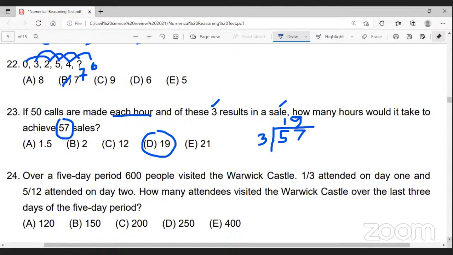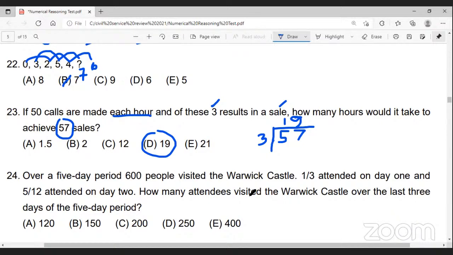And 1/3 attended on day 1, 5 over 12 attended day 2. How many attendees visited the Warwick Castle over the last 3 days of the 5-day period? First day, 1/3 visited out of 600. 5 over 12 out of 600 visited on day 2. And over the last 3 days of the 5-day period, how many?